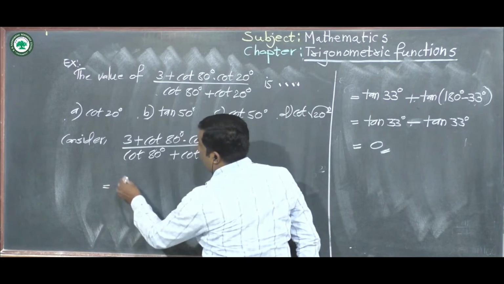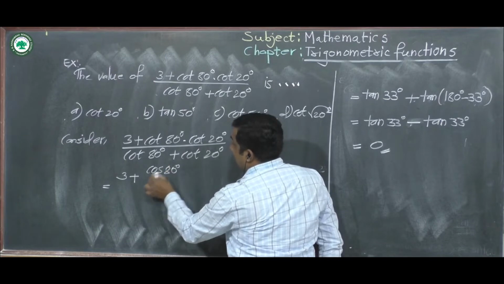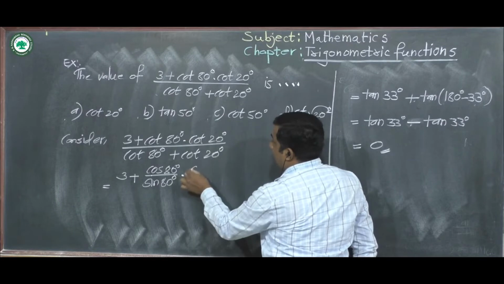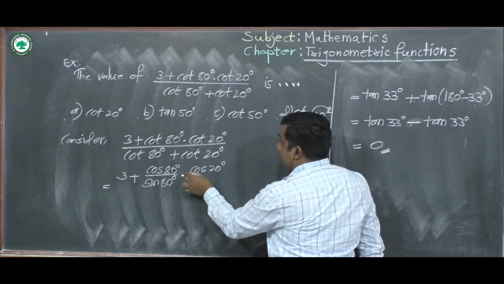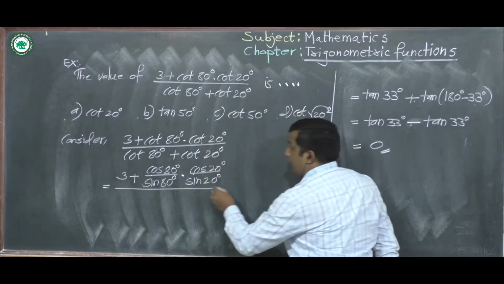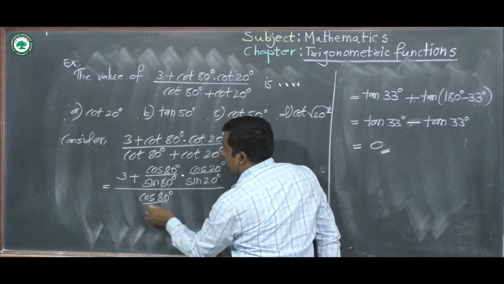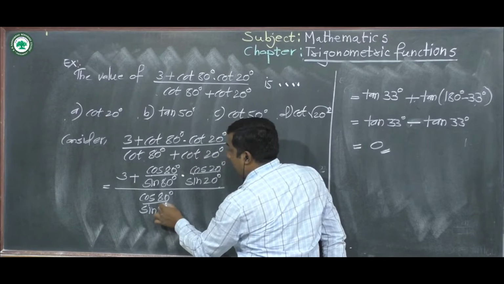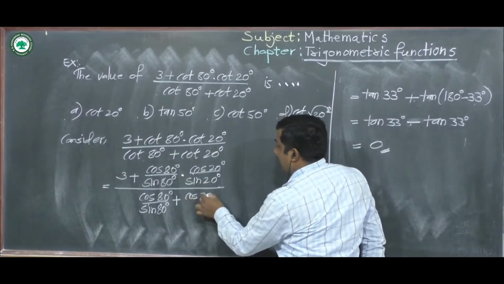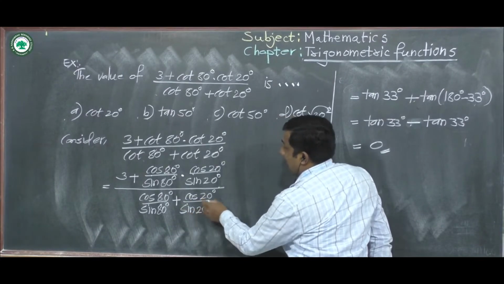So this is equal to (3 + (cos 80° / sin 80°) × (cos 20° / sin 20°)), and this whole divided by ((cos 80° / sin 80°) + (cos 20° / sin 20°)).